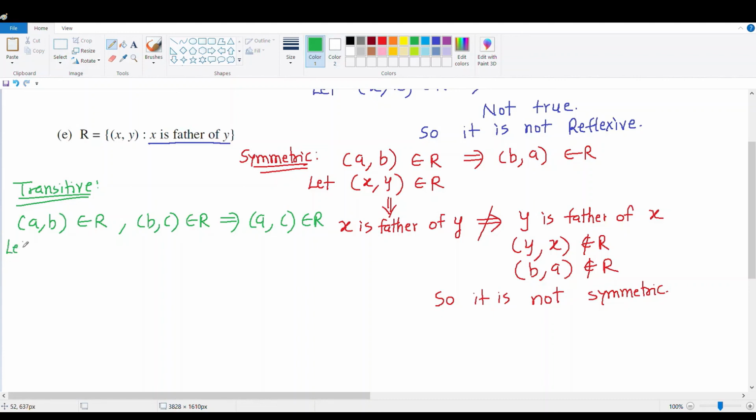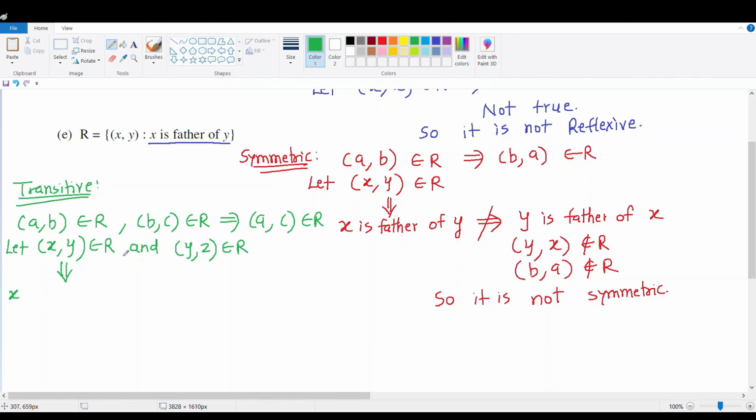So let (X, Y) belong to R and (Y, Z) belong to R. So I am taking A equals X, B equals Y, and C equals Z. Now, if this is in relation R, it implies from this condition that X is father of Y.